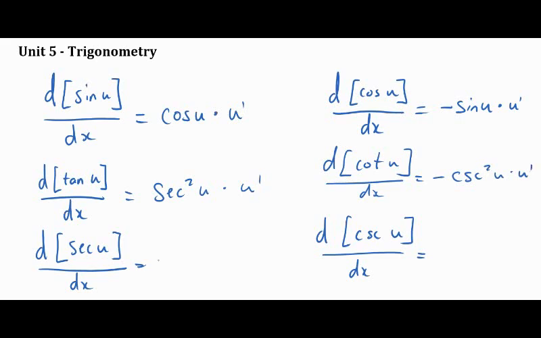And then this one is the same thing, secant u times tan u, times u prime. And this one is the same thing, cosecant u times cotangent u times u prime. So once you get one of them, everything else falls into place.